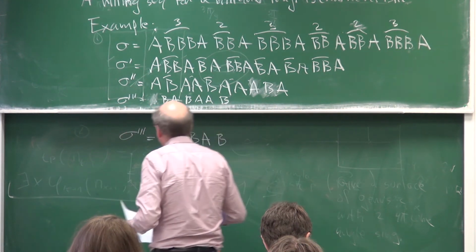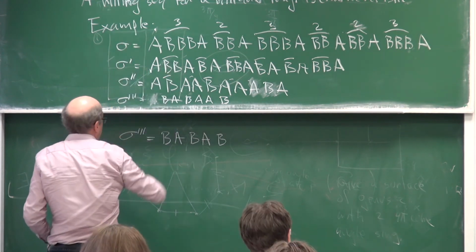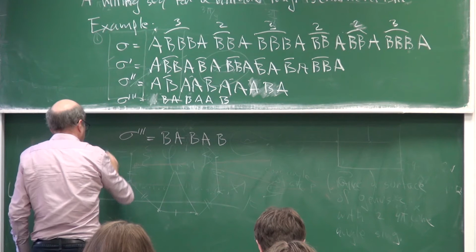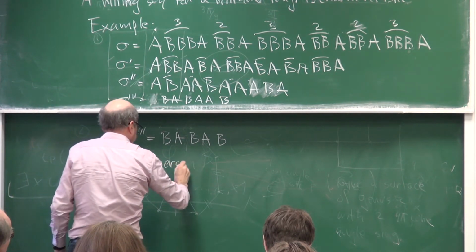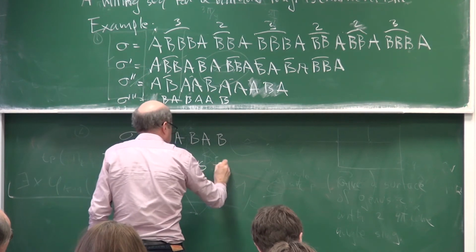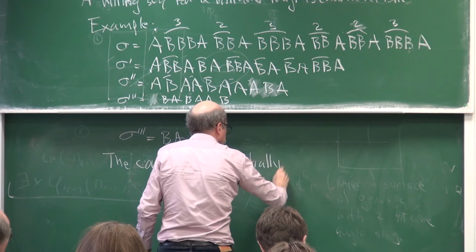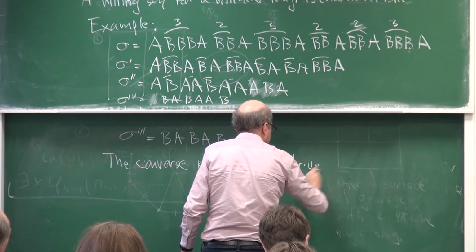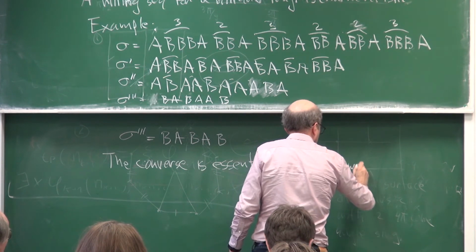Right, and so a hitting sequence from a billiard trajectory is characteristic, and the converse is essentially true as well: a characteristic sequence is a hitting sequence of a billiard.